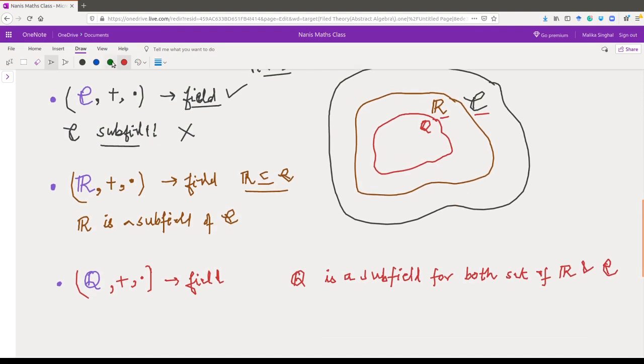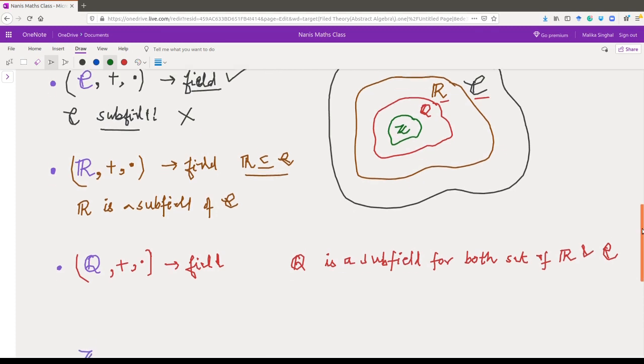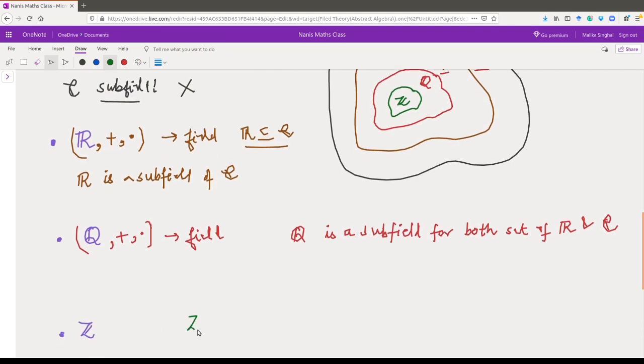Now, we know another subset, the set of integers. This set is a subset of the rational numbers, which is a subset of the real numbers, which is a subset of the set of complex numbers.